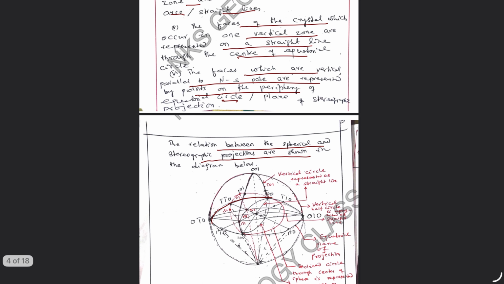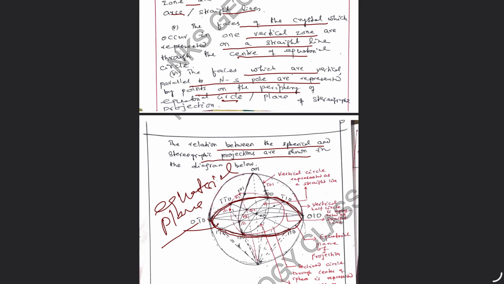So we have the equatorial plane which divides the sphere into two halves, the upper half and lower half. The faces which occur in the upper part of the sphere, including those occurring in this peripheral zone, are transferred to this plane. This is the equatorial plane, or the plane of projection.